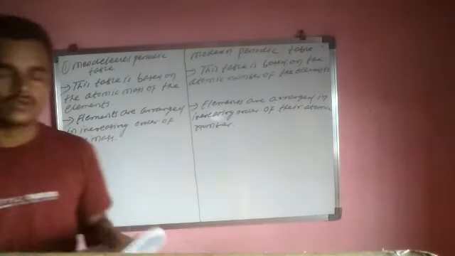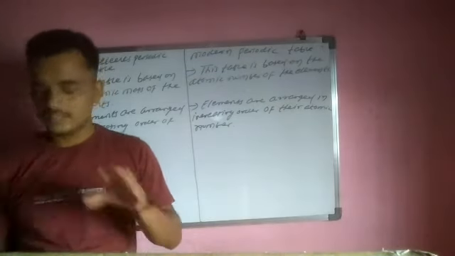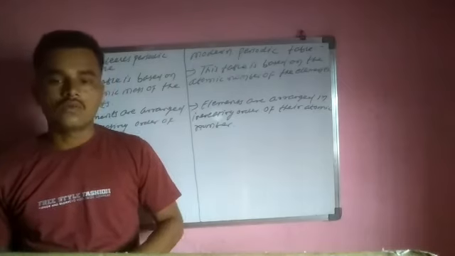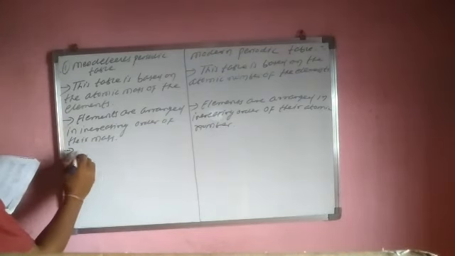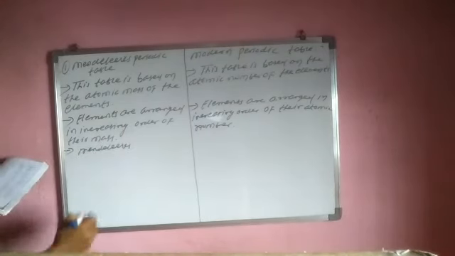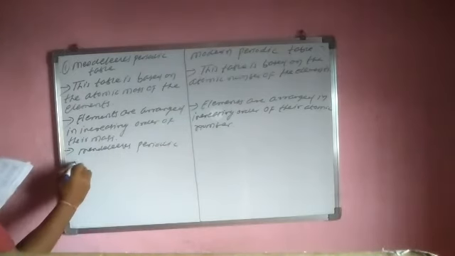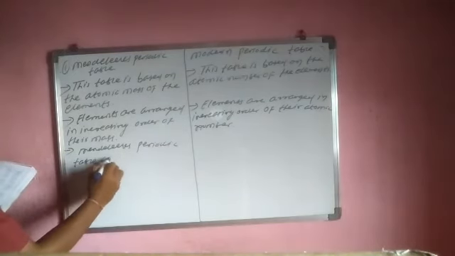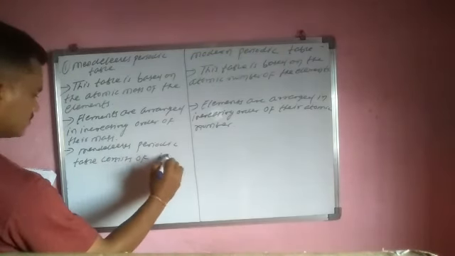Let's now see. Mendeleev's periodic table consists of only 63 elements. So how many elements were in Mendeleev's periodic table? Only 63 elements and modern periodic table consists of 118 elements. Write, now see Mendeleev's periodic table consists of 63 elements.